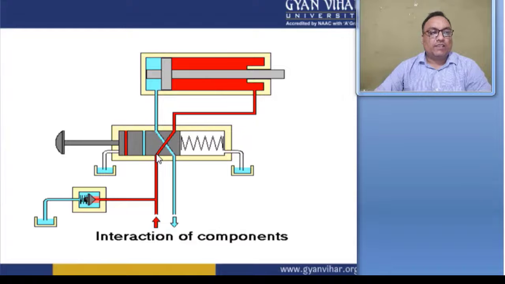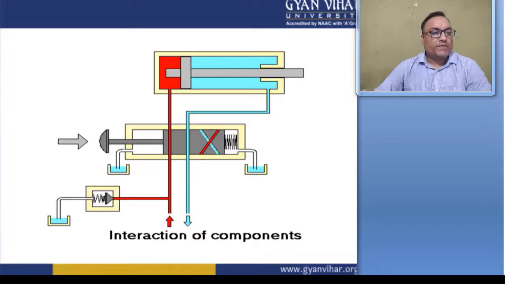Then I am changing the position of this direction control valve. Then what is happening here? If I change the position of the direction control valve, in this case this is connected to the pump, and this line is connected to the reservoir. So this is the different working of this hydraulic system.